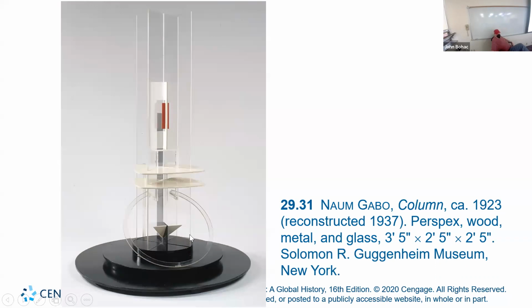So perspex, or they had this stuff, you know, like plastics and different kinds of glass and shiny things, all manufactured, all stuff that didn't exist prior to this time. And so sculpture, suprematists.